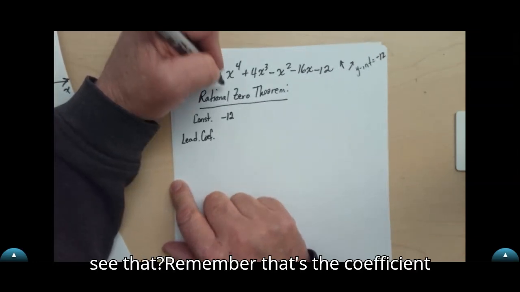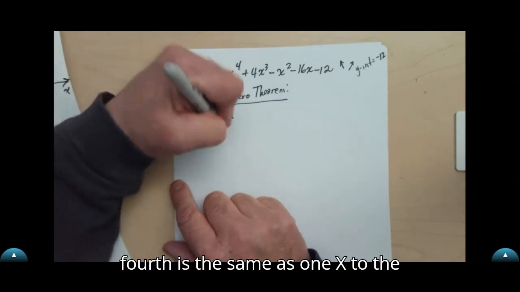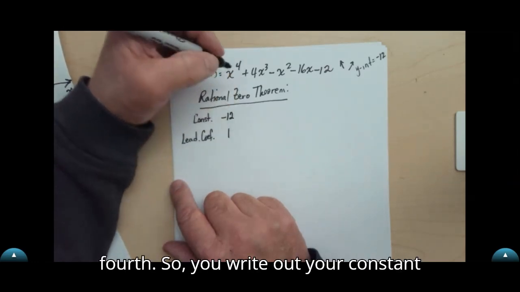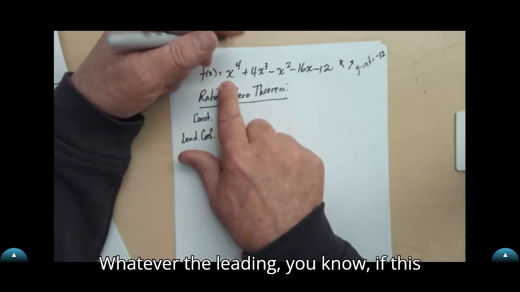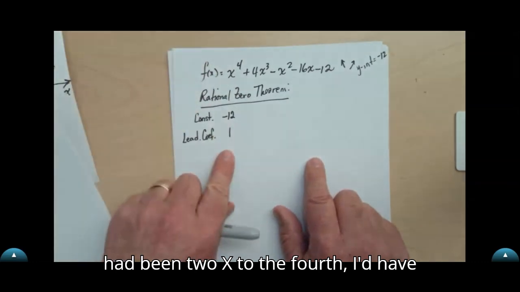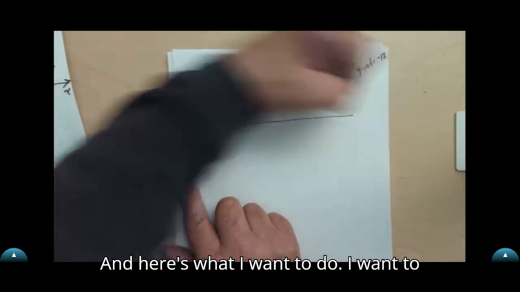Do y'all see that? Remember, that's the coefficient of the highest degree x term. X to the 4th is the same as 1 x to the 4th. So you write out your constant term, whatever it is. Whatever the leading coefficient, if this had been 2x to the 4th, I'd have written a 2 here. Y'all with me? Okay, and here's what I want to do.